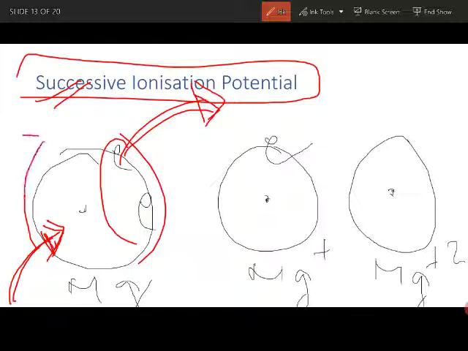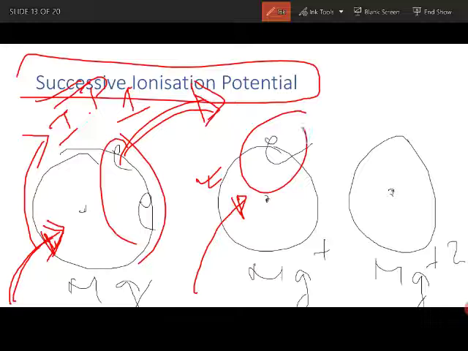And what is this energy known as? Ionization potential. I will label this as ionization potential number 1. For the first time I am supplying. Now after one electron gets liberated, we move on to this figure, Mg plus. Now here also you supply energy. What will happen? This electron is released. What is this energy? This is ionization potential number 2.